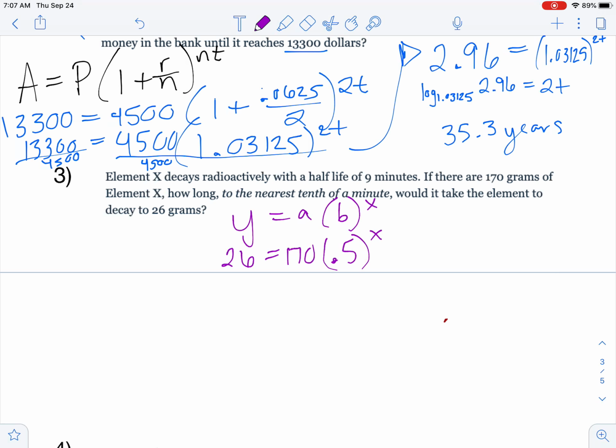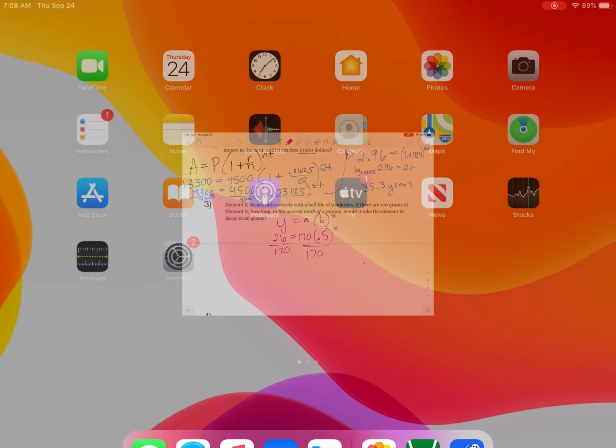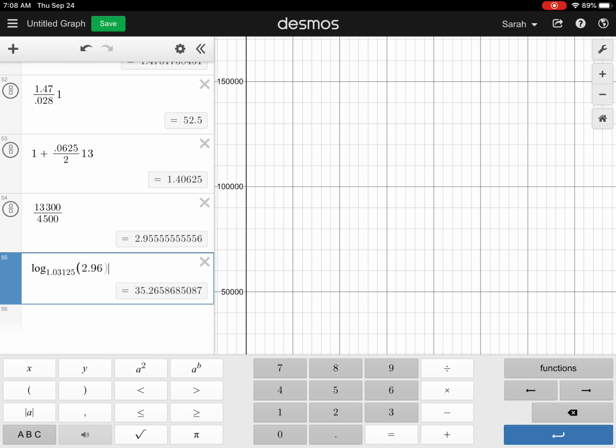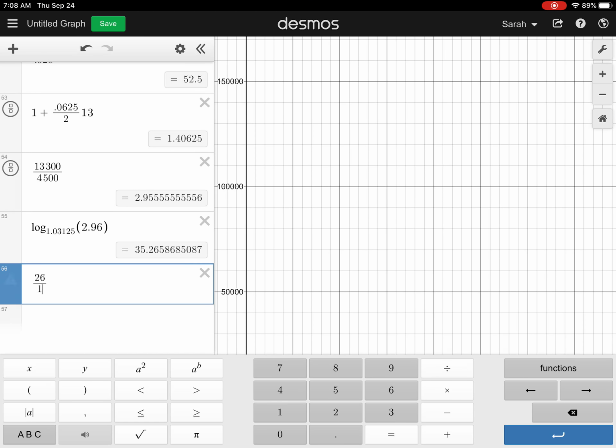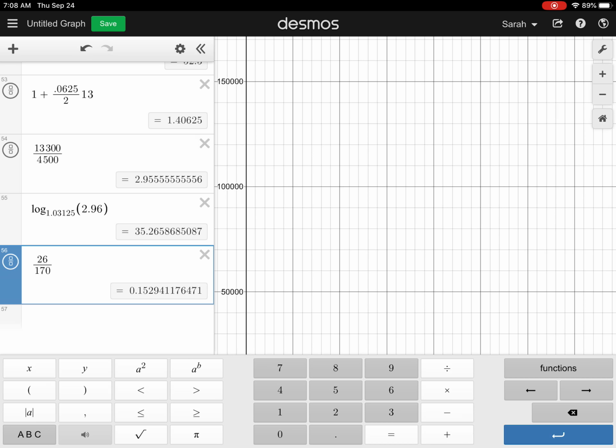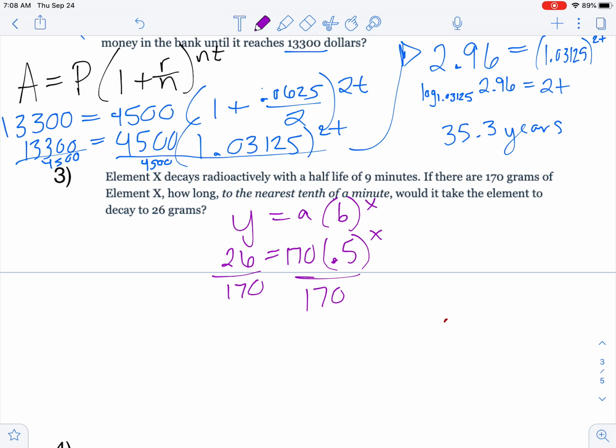So this is not a compound interest problem. It's a little different. It's about half-life, okay? Half-life means however long that element takes to decrease by half. It takes 9 minutes for this element to do that. So let's solve this problem. 26 divided by 170 is 0.153.